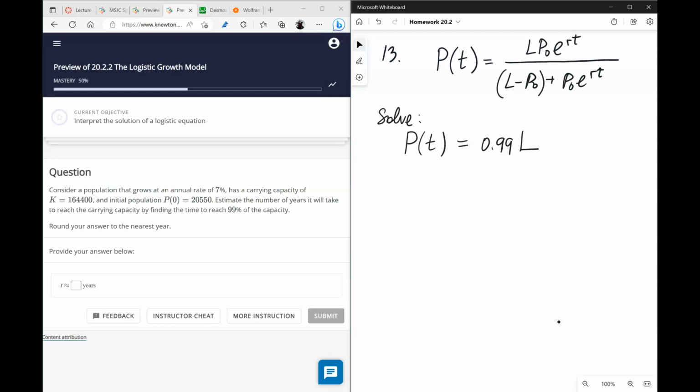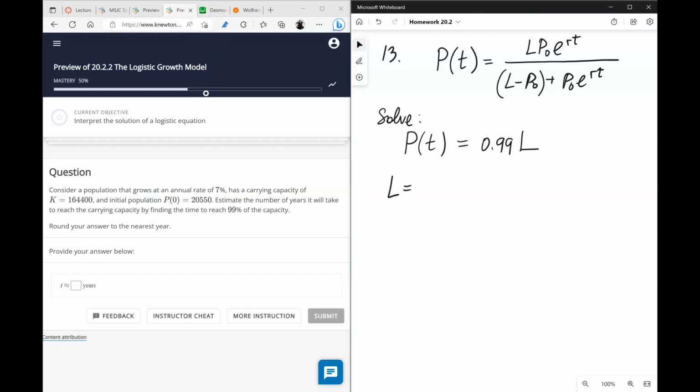And to solve that means we take L P0 e to the RT. I guess we don't need to. Let's just plug everything into Desmos.